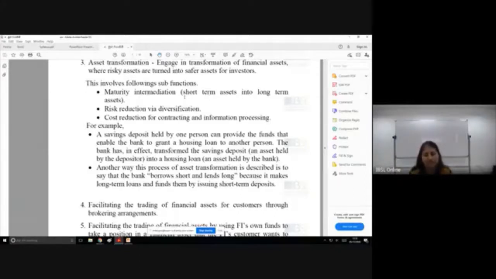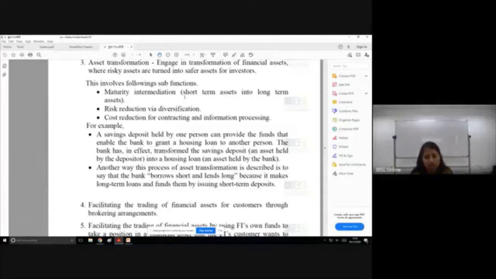The savings asset held by one person can provide the funds that enable the bank to grant a housing loan to another person. Housing loan, 25, 30 years it will go. So what has the bank done? They have transformed that safer asset, your asset, into a more risky or a very long-term asset, a housing loan. So this kind of transformation is also done by the bank.